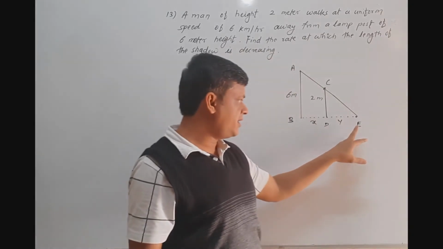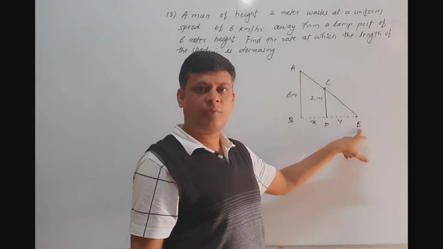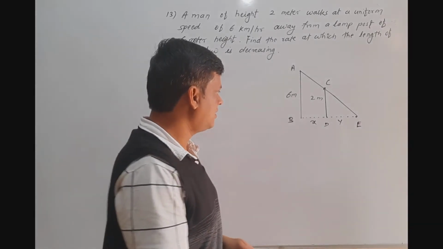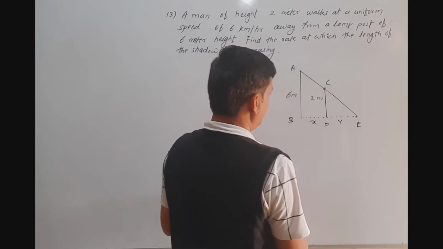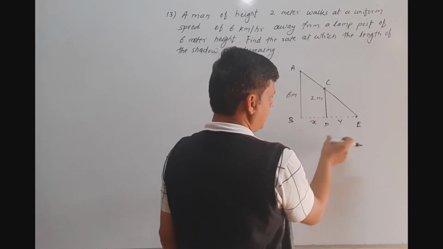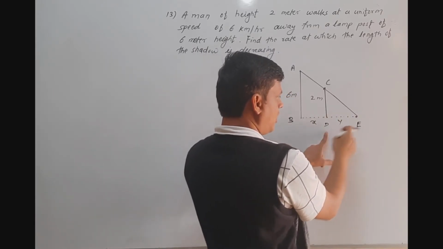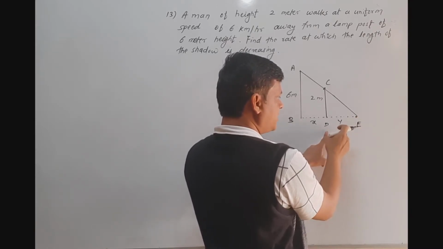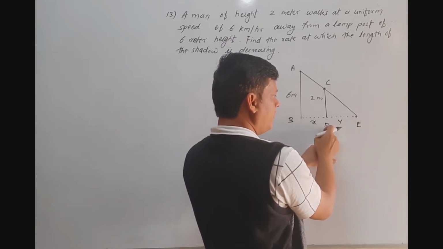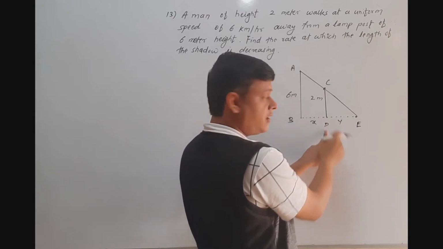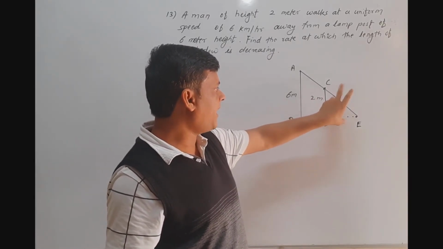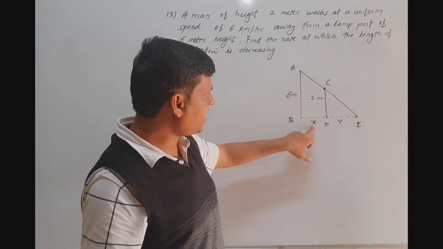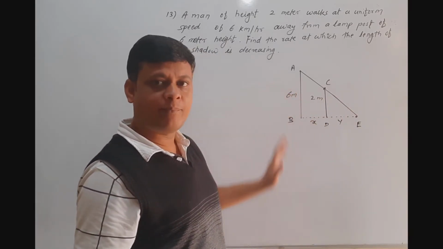Now we have to find the rate at which the length of shadow is decreasing. So here we consider E as the tip of the shadow, that is the end point of the shadow. The tip of the shadow is at a distance of y meter from D, and the man is at a distance x meter from the lamp post.